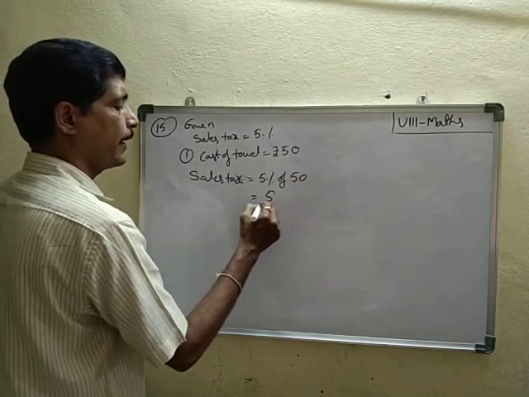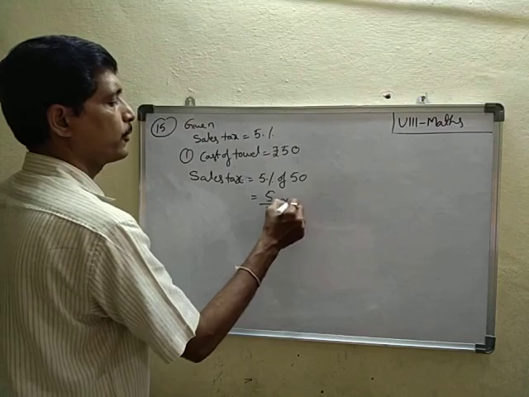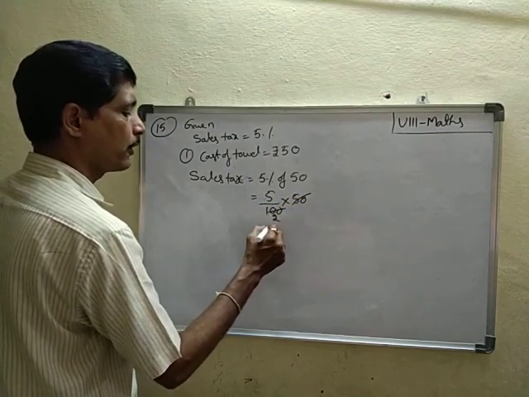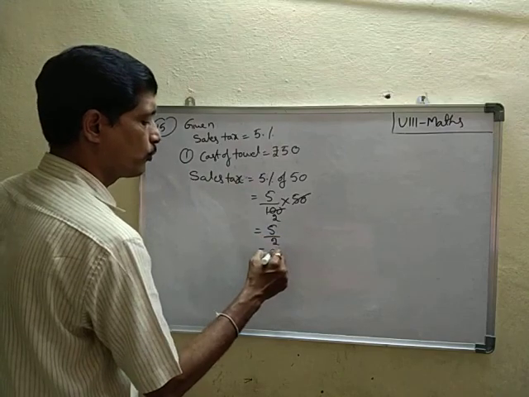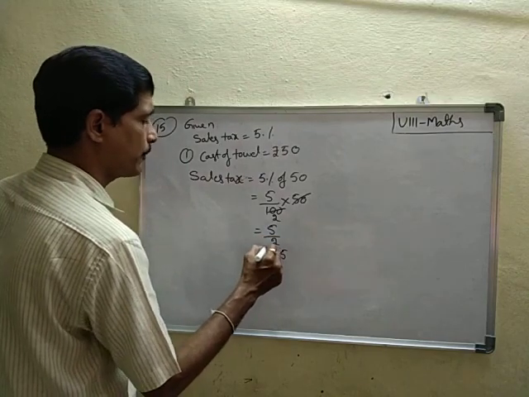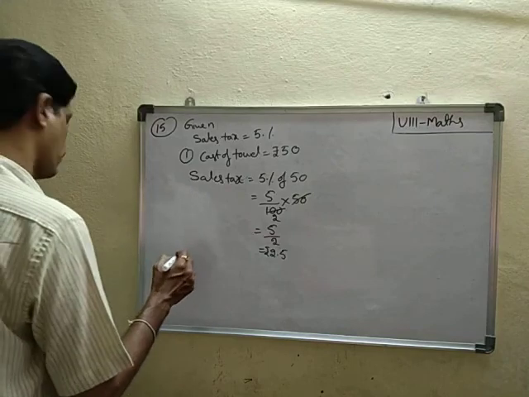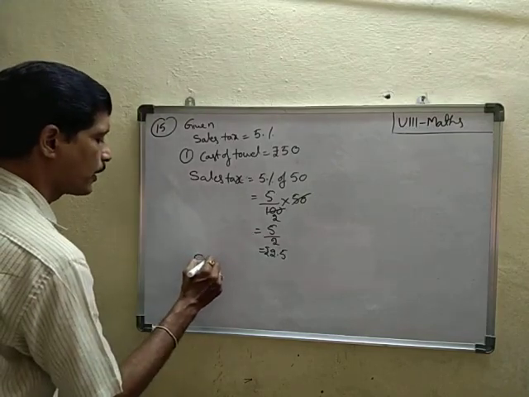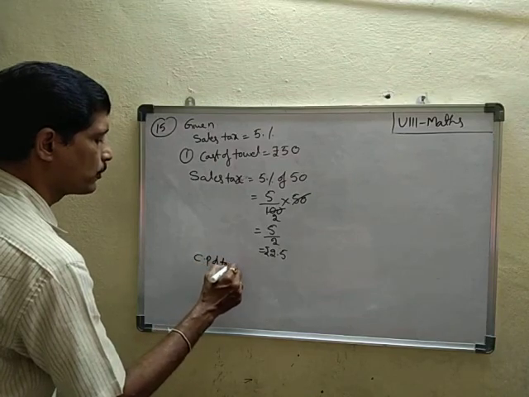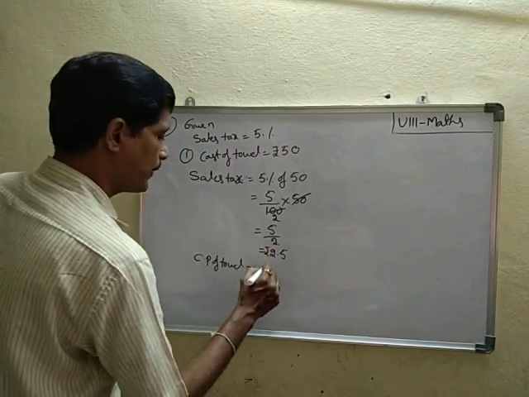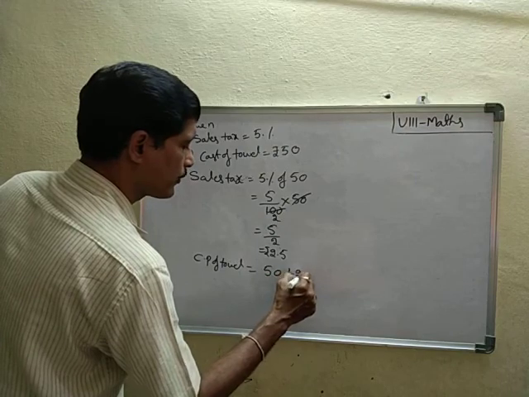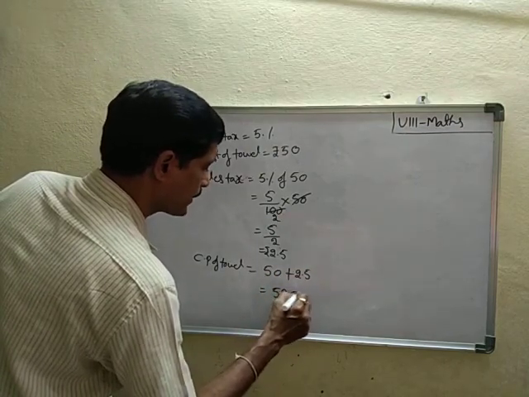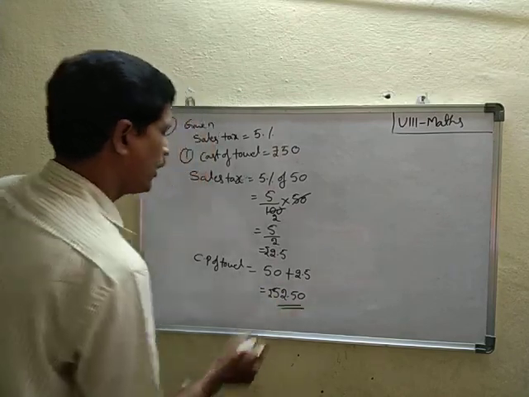Therefore 5 by 100 into 50. Here 5 2s, 5 by 2, that equal to 2.5 or 2 rupees 50 paisa. Therefore total cost price of the towel equal to 50 plus 2 rupees 50 paisa, that equal to 52 rupees 50 paisa, that equal to cost of a towel.